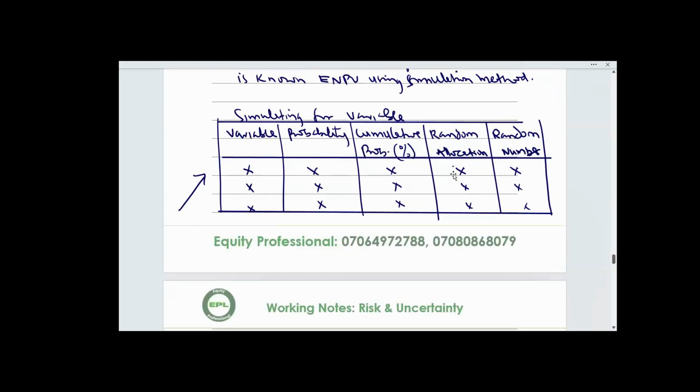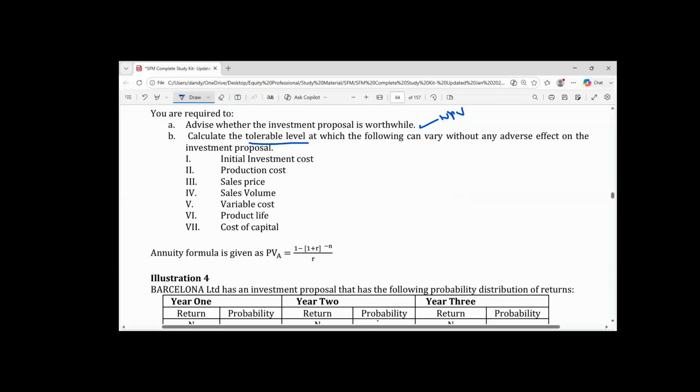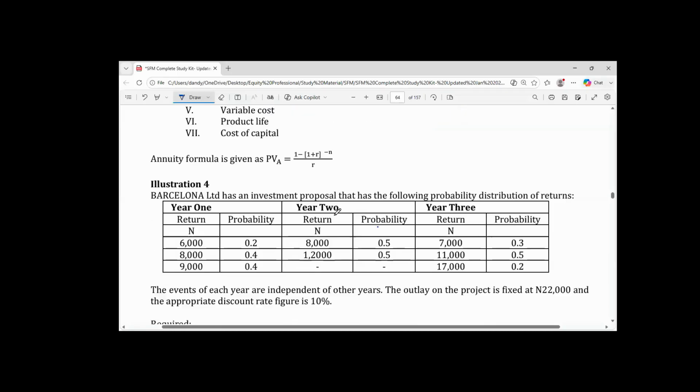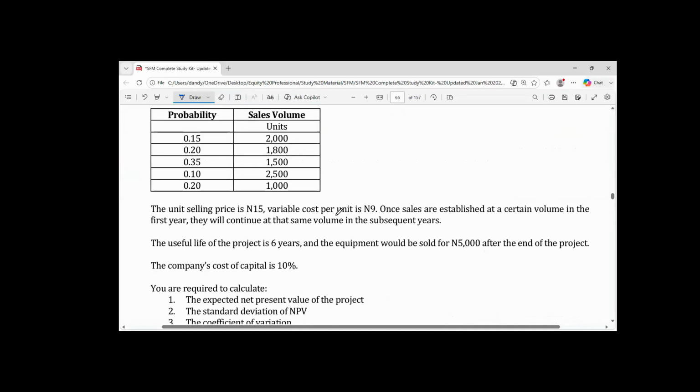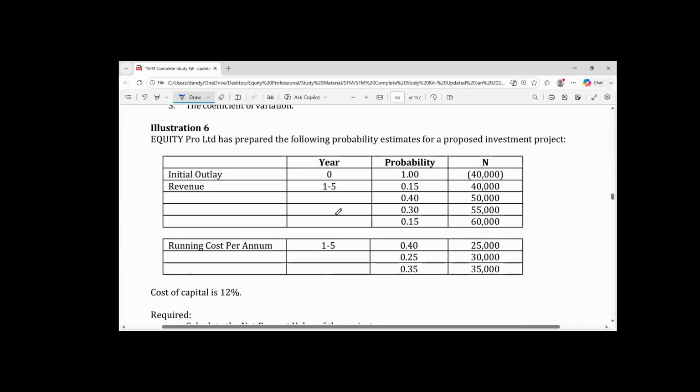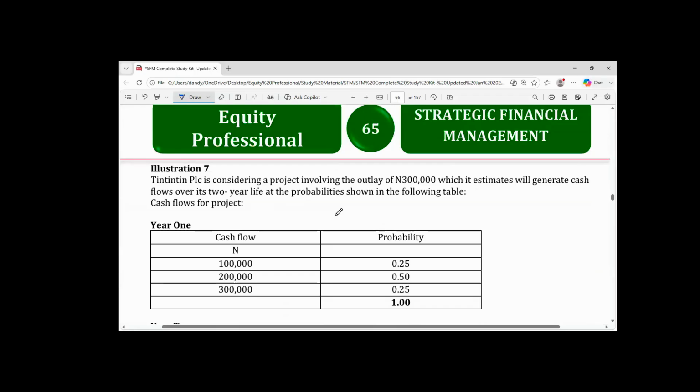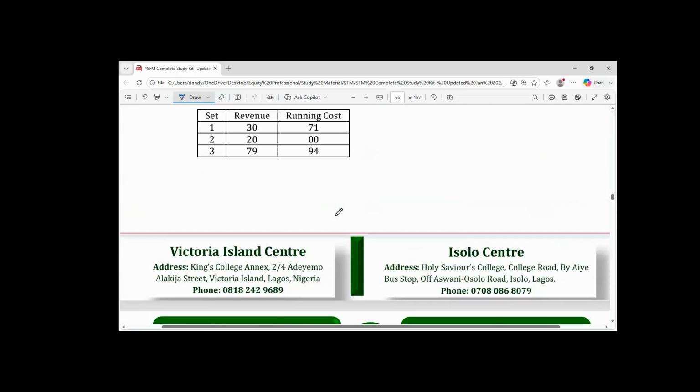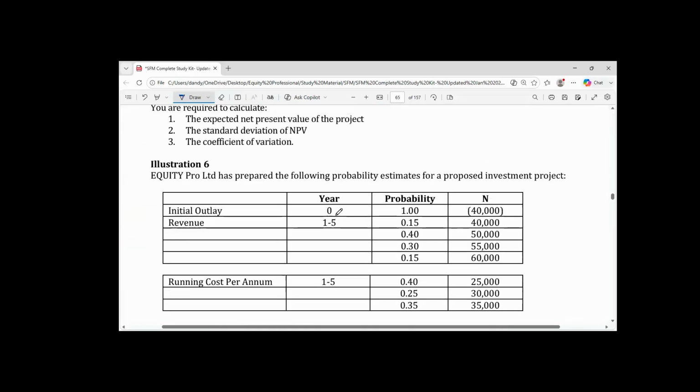So let's stop sharing this and move to the learning material to solve question. All right, let me see. So let's solve illustration number 6.